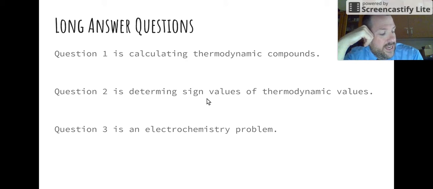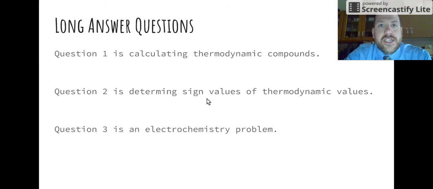But question 3 is the big electrochemistry problem, where I'm going to give you a couple of reactions, and they're going to be very straightforward reactions, and you're going to have to balance them. You're going to have to calculate the cell potential, calculate the delta G, calculate the equilibrium constant, and then you're going to have to draw a cell.